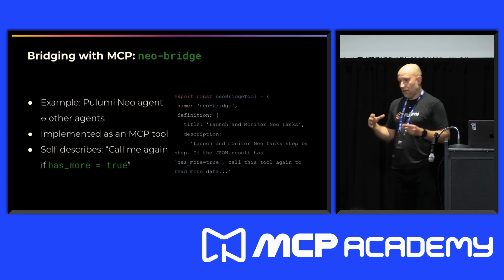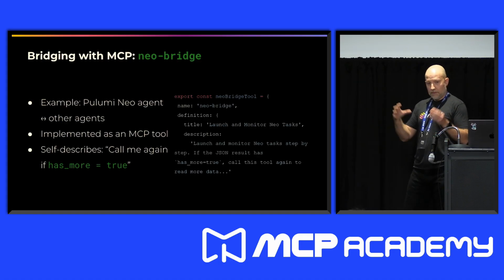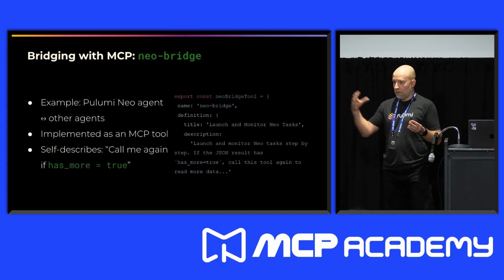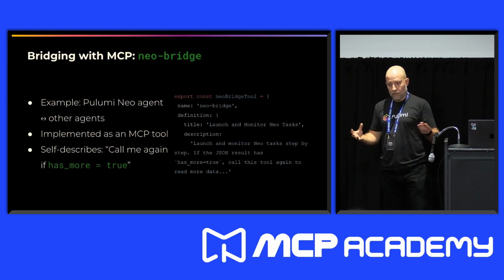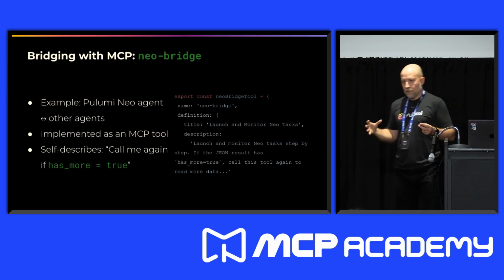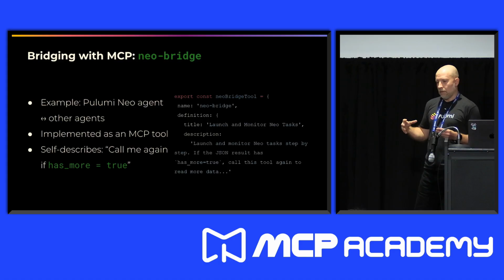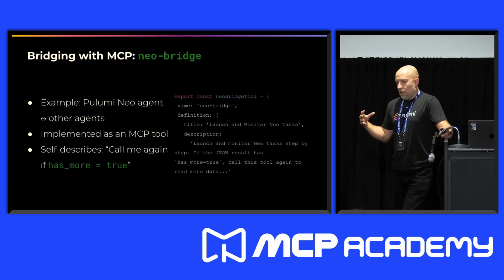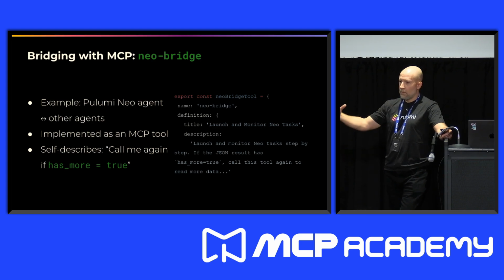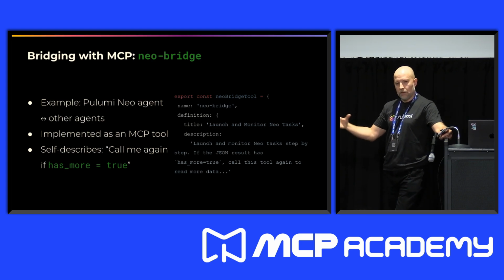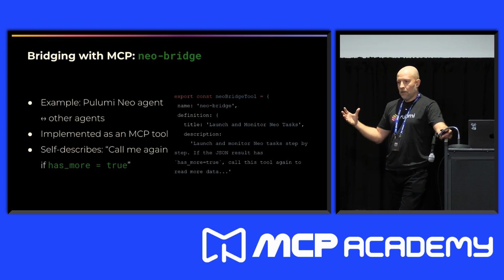This will formulate a specific question to Neo, call into Neo, collect the results, and present the results back to you. It's not quite that simple because, as I mentioned, human in the loop, right? This tool will also be able to monitor and shepherd through the execution of that task inside your inner agent, which is Neo, and handle cases like additional information gathering and approvals and all that.